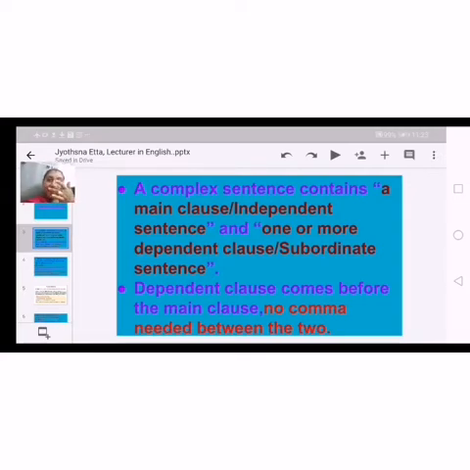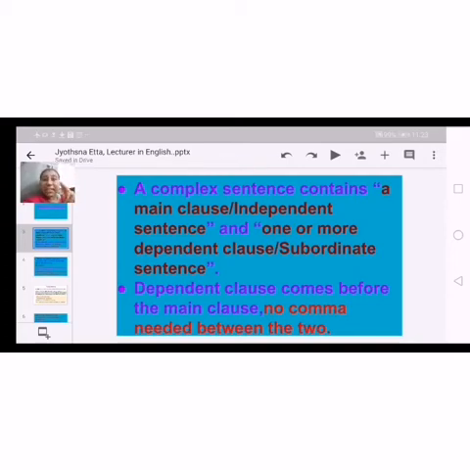It contains the combination of a main clause and a subordinate clause, that means one independent sentence and one dependent sentence.